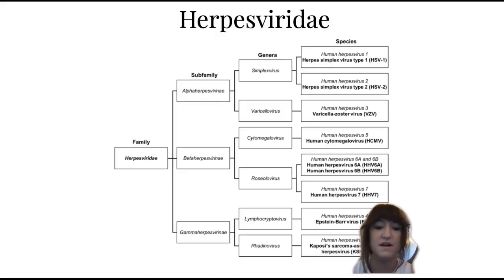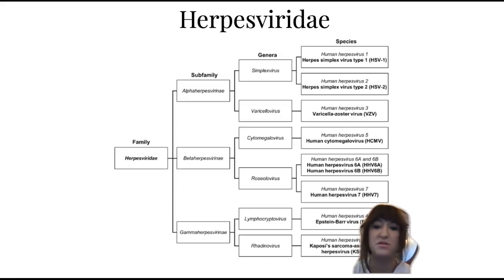The viruses that can affect humans fall under the family Herpesviridae. There are 3 subfamilies of this family: the alpha subfamily, the beta subfamily, and the gamma subfamily. We'll be focusing on the herpes simplex viruses today. In the alpha subfamily, we have herpes simplex virus 1, herpes simplex virus 2, and varicella zoster virus.